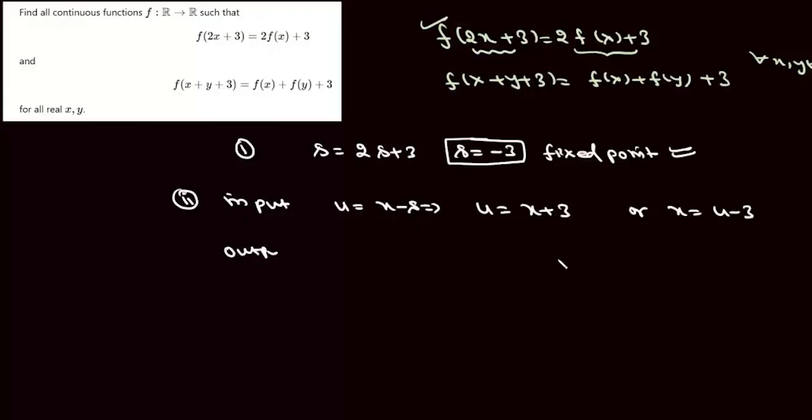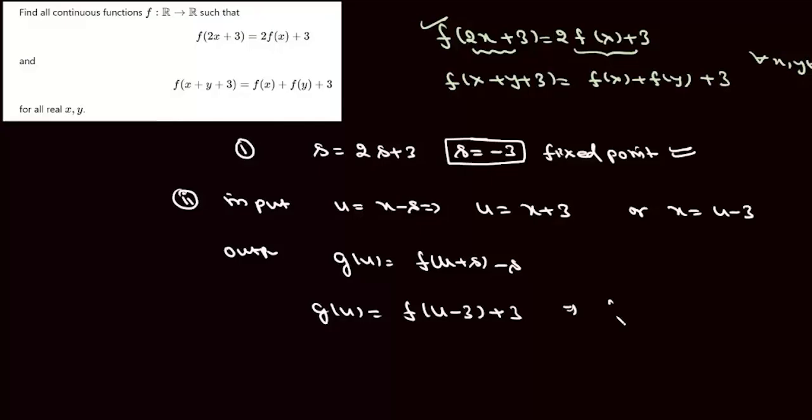We can shift the function by g(u) = f(u + s) - s. So in this case, it'll give us g(u) = f(u - 3) + 3. And we'll use this definition to get f(x) later. So f(x) will be g(x + 3) - 3.